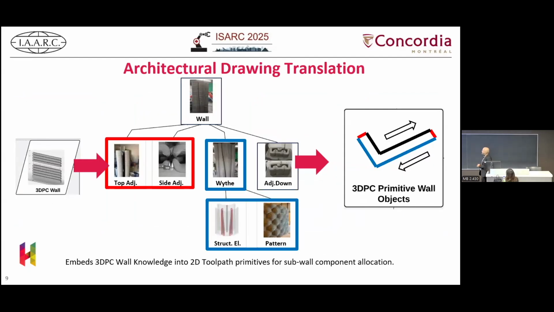The first cluster takes the architectural project and recognizes areas, using 3D printing wall knowledge to recognize the adjacencies, for example the frontal face, the back face, the part that will be anchored to the floor, etc.